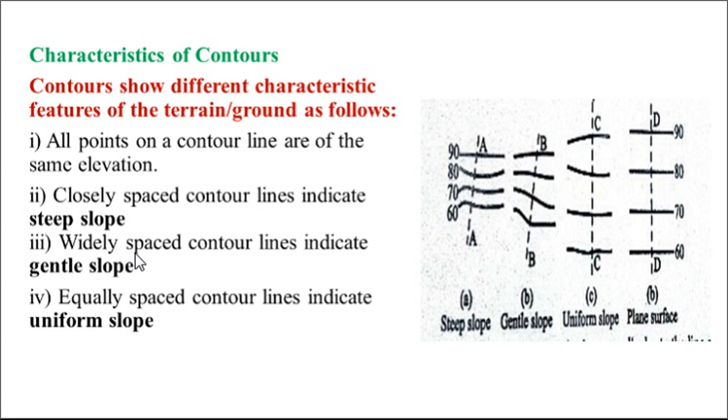Third, widely spaced contour lines indicate a gentle slope. And equally spaced contour lines indicate a uniform slope.